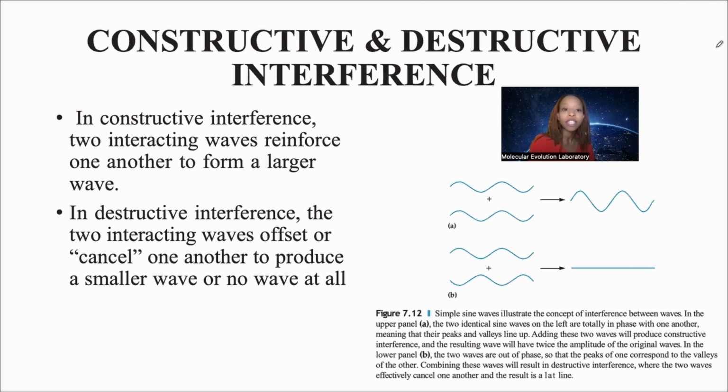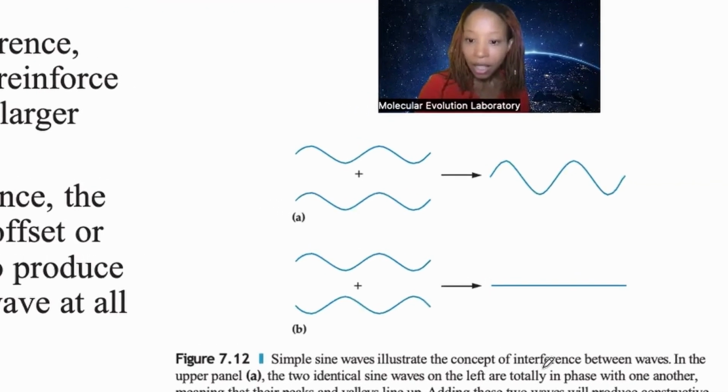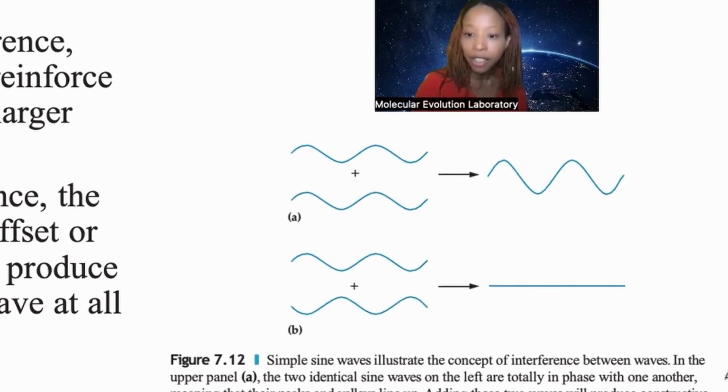In constructive interference, two interacting waves reinforce one another to form a larger wave. In destructive interference, the two interacting waves offset or cancel one another to produce a smaller wave or no wave at all. So here we have a simple sine wave showing the concept of interference between waves.